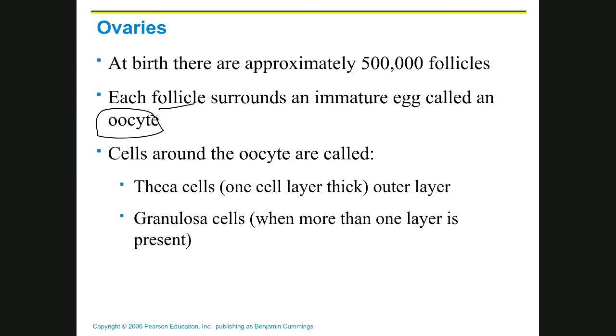Well, when you look at the follicle, remember they're called primordial follicles. Those are the ones you're born with. They're just one cell layer thick. So it's just a thin little cell layer around this, and it's simple squamous epithelium.